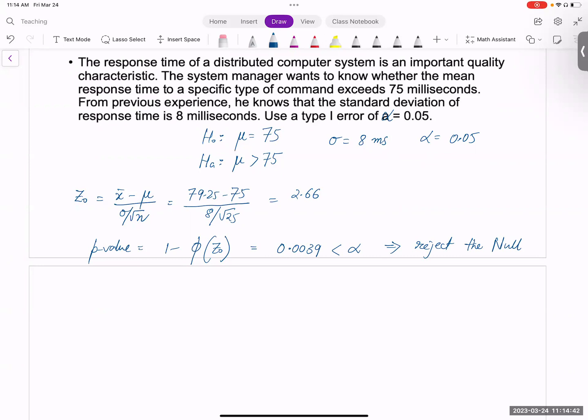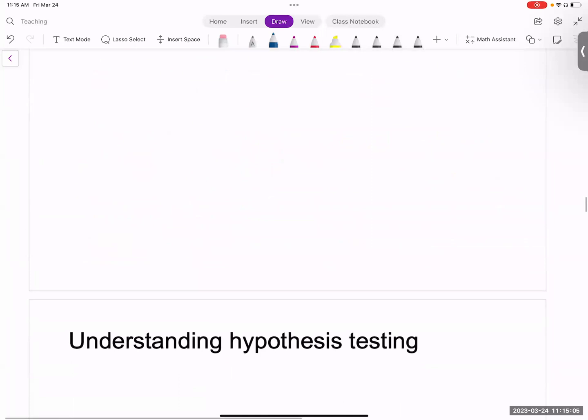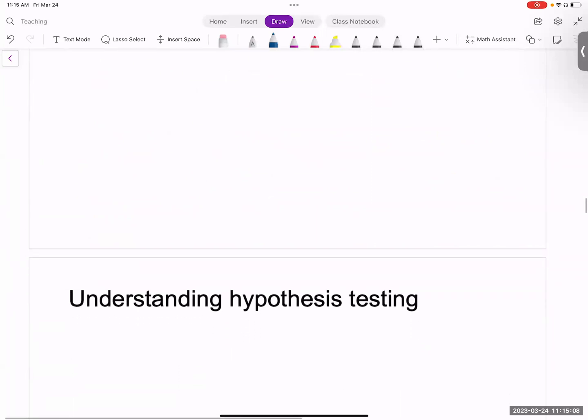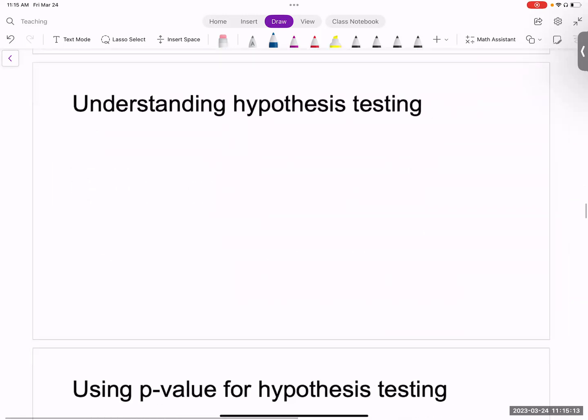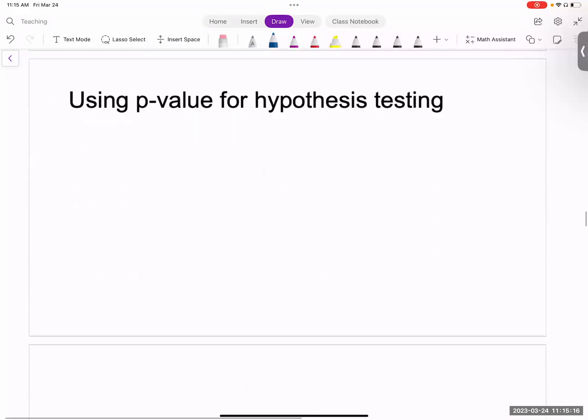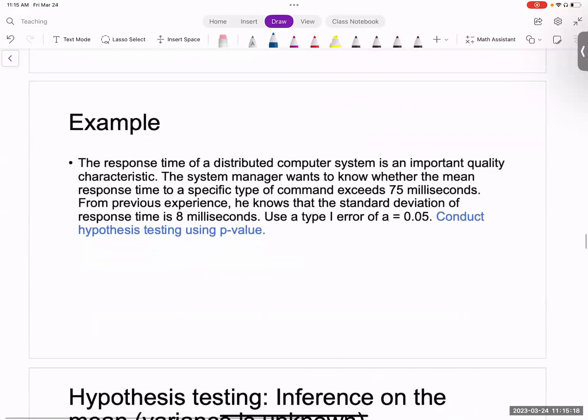Okay, now I'm going to walk you through some of the general hypothesis testing cases, and then we'll look at some of the formulas. Let's look at the first case where the variance is unknown. I think I'm missing some of the slides.